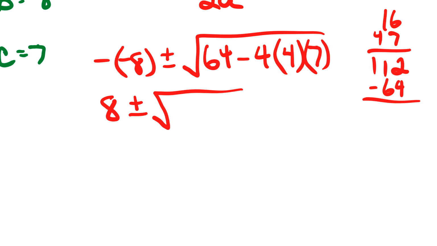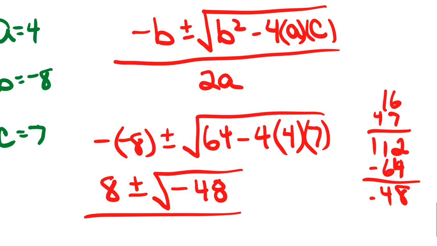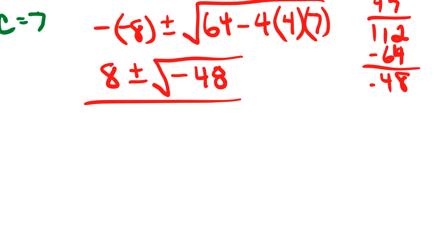So I'm just going to subtract 64 of that. And that's going to give me -48. So inside I'm going to have -48. And that'll all be over 2 times 4. Let's see, what was a? a was 4. So that'll be all over 8.